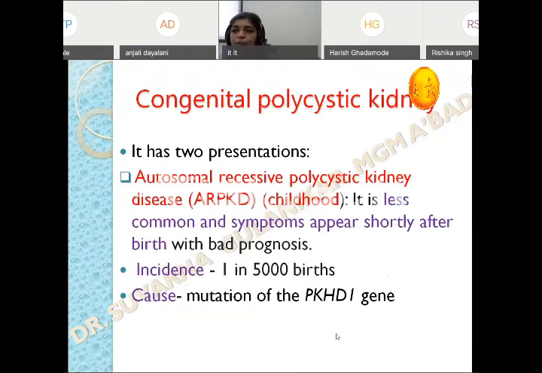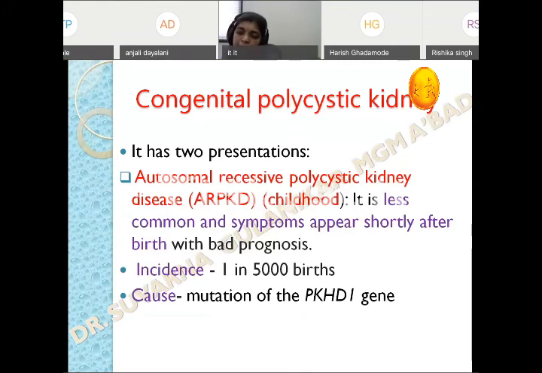This kind of PKD is of two types, either autosomal recessive or autosomal dominant. So it is also called ARPKD or ADPKD. What is ARPKD? It is autosomal recessive polycystic kidney disease seen in childhood. The symptoms appear very early, just after birth, and it has a very bad prognosis.